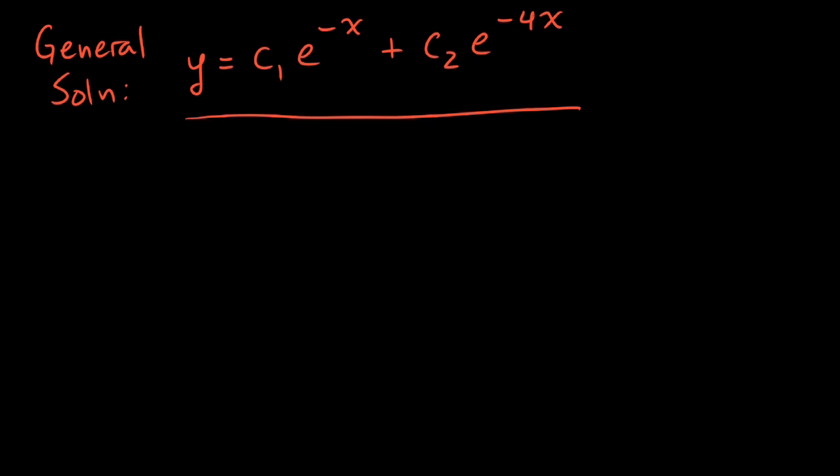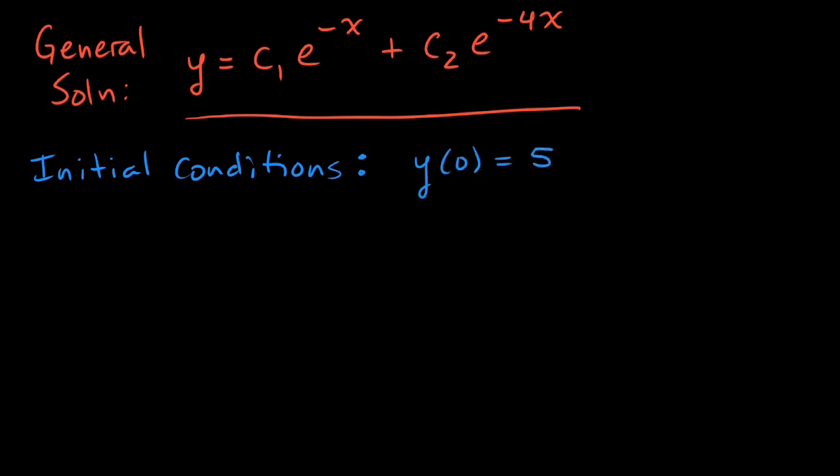These constraints are generally going to come in the form of something we call initial conditions on the solution. For example, we'll say y of 0 equals 5.